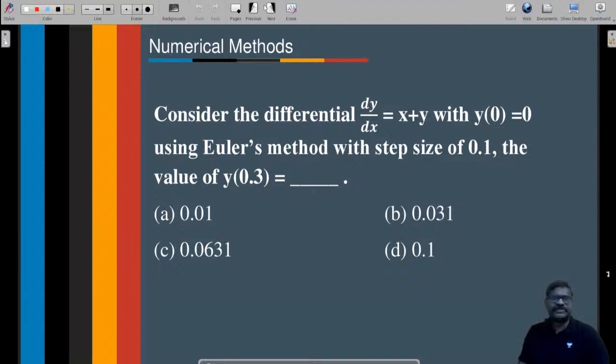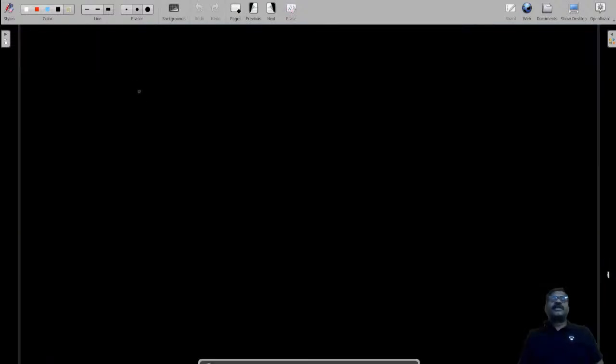Next problem. dy by dx equal to x plus y, y of 0 equal to 0. Using Euler's method with the step size 0.1, the value of y at 0.3 is? We have to apply Euler's method. dy by dx equal to x plus y.